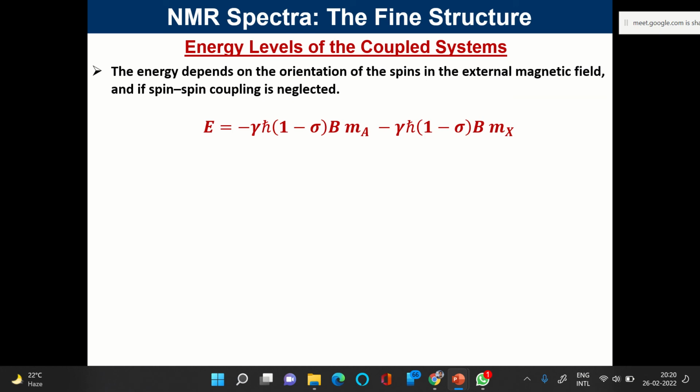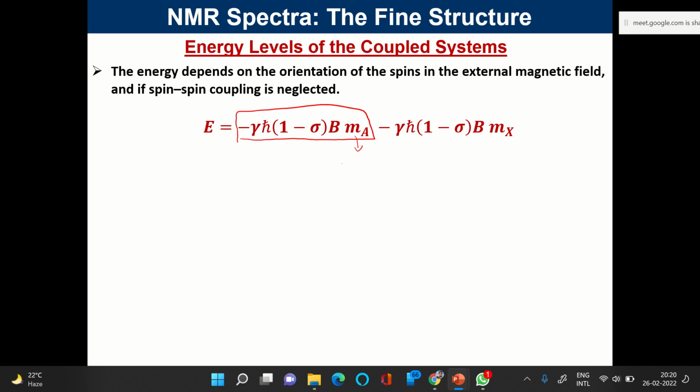So if you want to calculate the energy for each one of them, we have already seen in previous classes, taking into account this MA, the plus half or minus half thing that we were talking about.